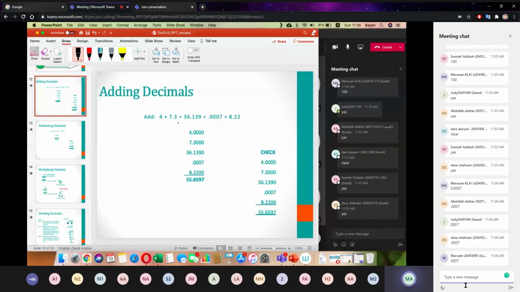Right, 0.0007. So we add. This one, 0.0007, has more values in the right.